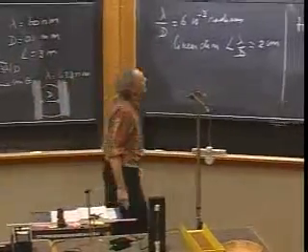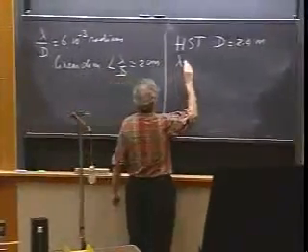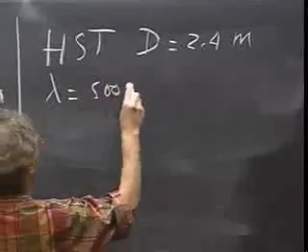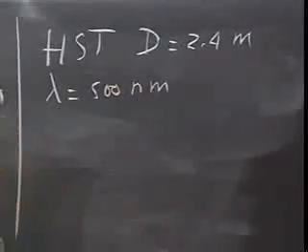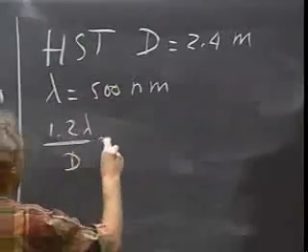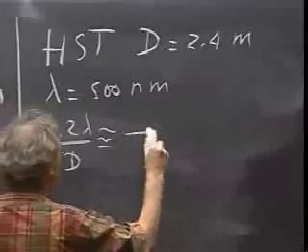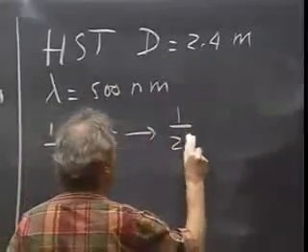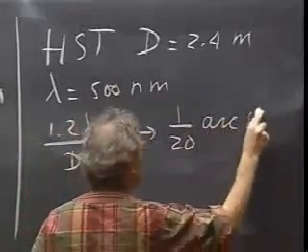So that means if I take an average wavelength of the optical spectrum of about 500 nanometers, I realize that it goes all the way from 400 to 650, but if I take this as a representative wavelength, then 1.2 times lambda divided by d translates into about 1/20th of an arc second.